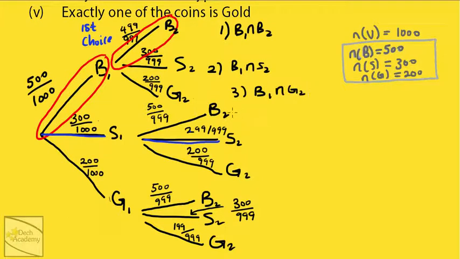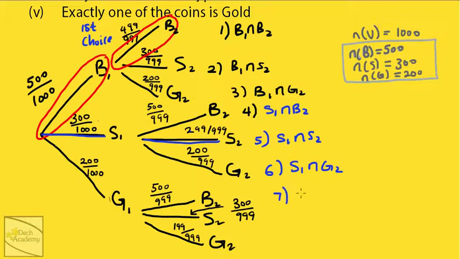Fourth event is silver and bronze. Fifth event, silver and silver. Sixth event is silver and gold. Seventh event is gold and bronze. The eighth event is gold and silver. The ninth event is gold and gold.